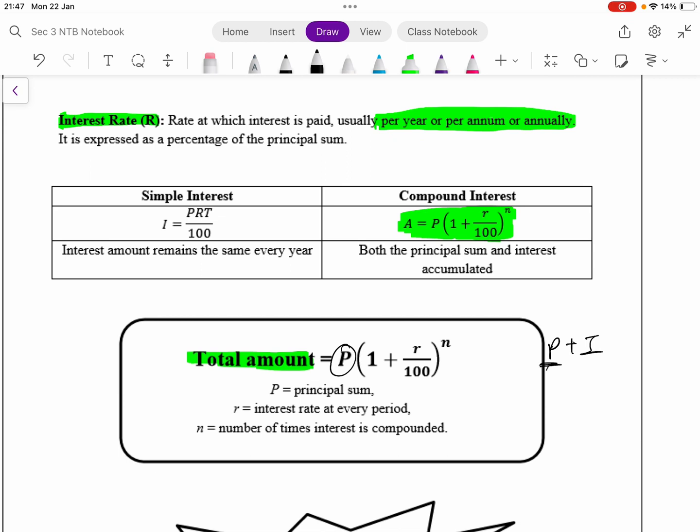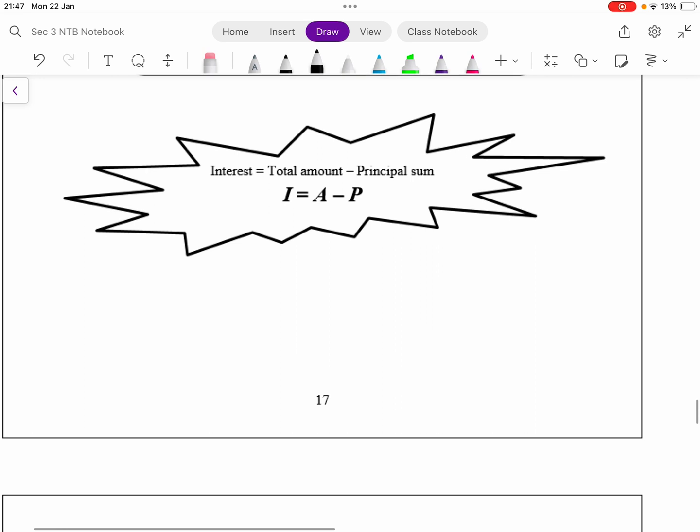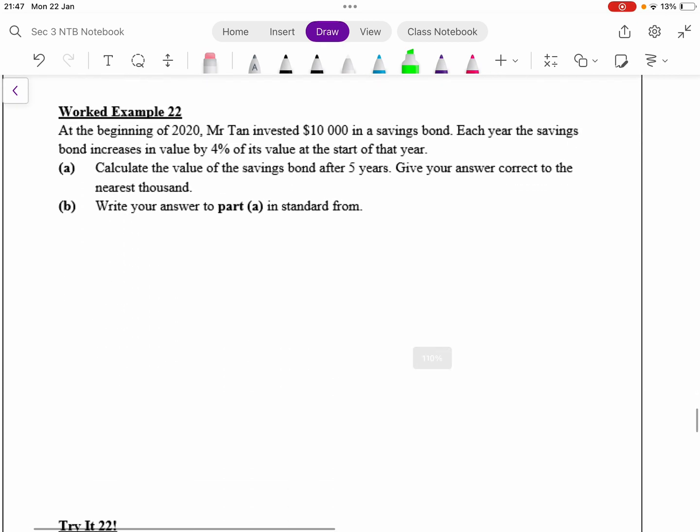Principal is the amount that you originally put in. Interest is the amount that you earn by putting your money in the bank. So your interest is your total amount minus the original amount of money that you put in. But we'll deal with questions like this later.